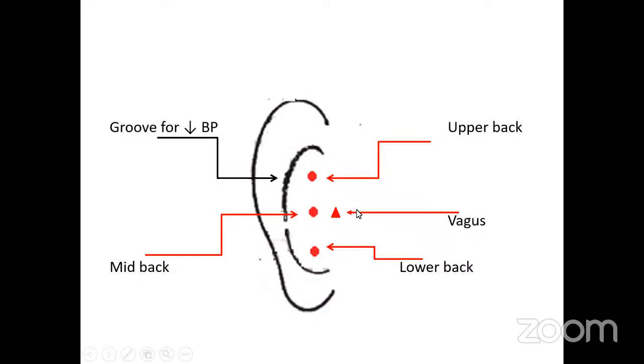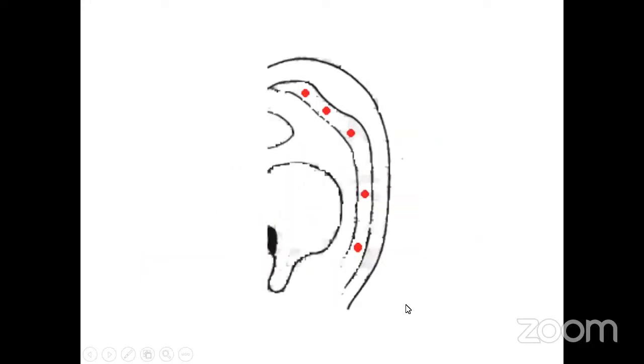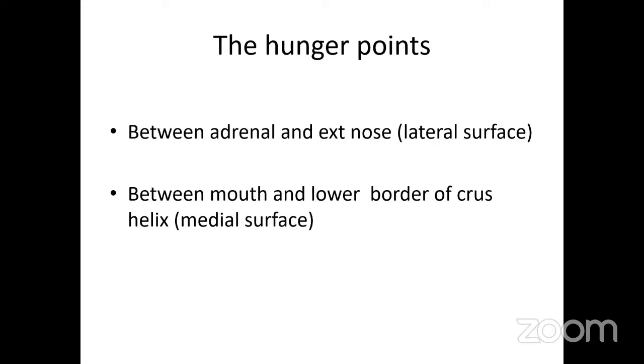Or just behind the mid back, this is the area represented by the vagus. This I have already told you. That's a repetition. So actually, there are two hunger points. One is what I told you. Okay? And one is between the mouth and the lower border of the crust.